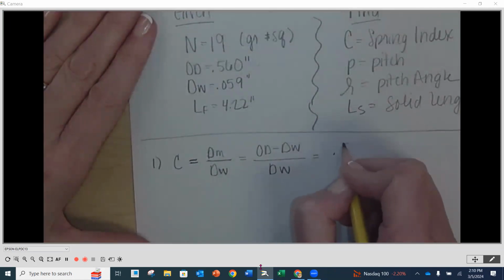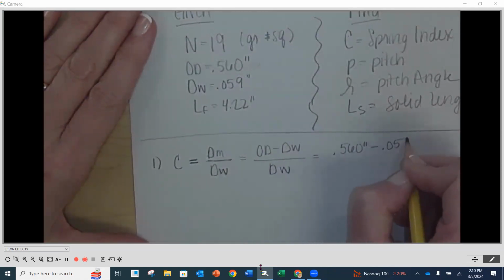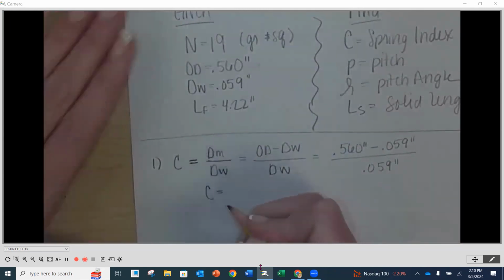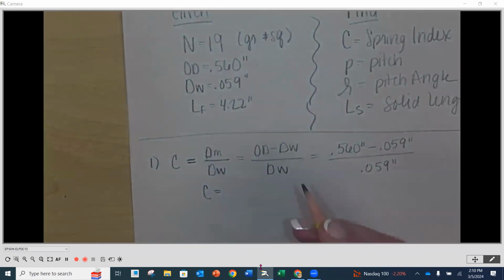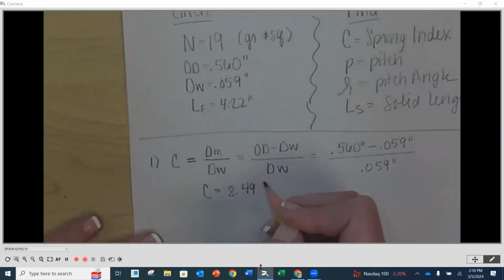So we're going to take 0.560 inches minus 0.059 inches. That'll give me my mean diameter on top. And I'm going to divide it by the 0.059 inches on the bottom. So what do we get for a value for C? 8.492. Yep, I get that.